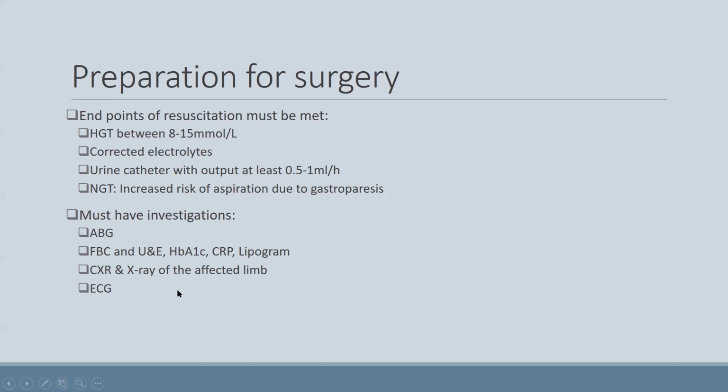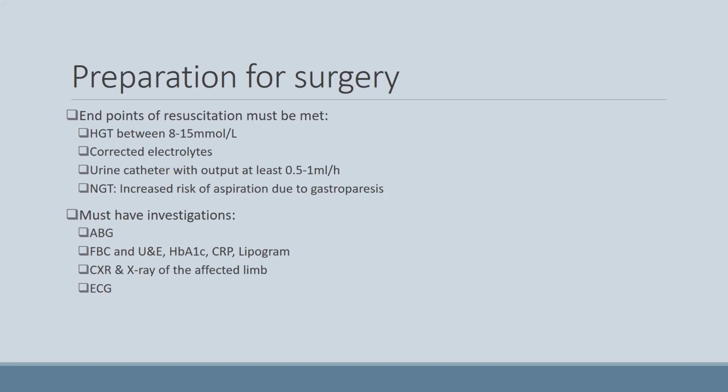And of course, basic investigations that you need to have before you take your patient to theater: an arterial blood gas, it will tell you how your fluid status is, about your electrolytes, and the patient's oxygenation status. Basic blood investigations, at least the patient must have a chest x-ray, and you must also have an x-ray of the affected limb for you to be able to assess the extent of the disease.